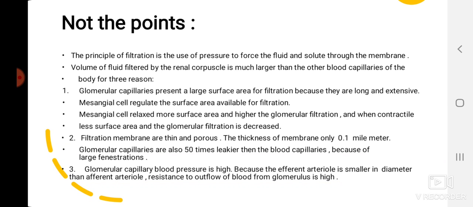For this reason the glomerular capillary has high blood pressure. You understand these lines? If the inflow of the fluid is more and the outflow of the fluid is less, the pressure inside the capillary is increased.